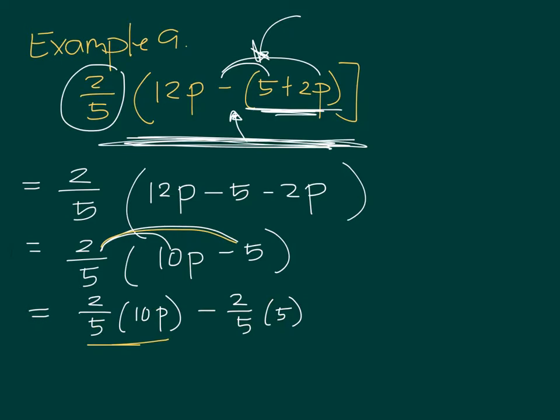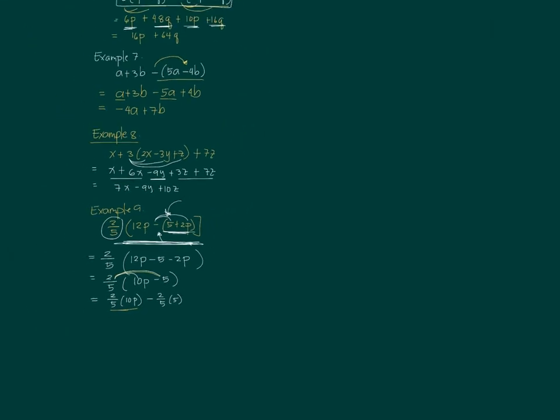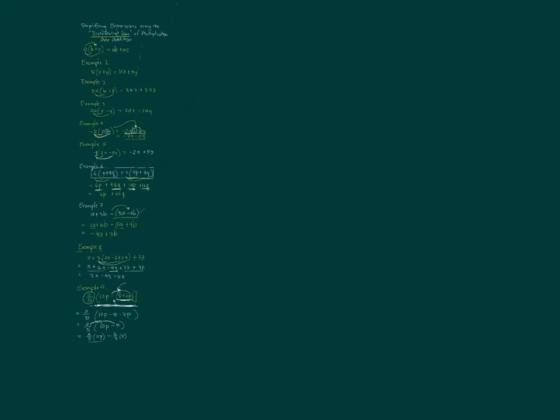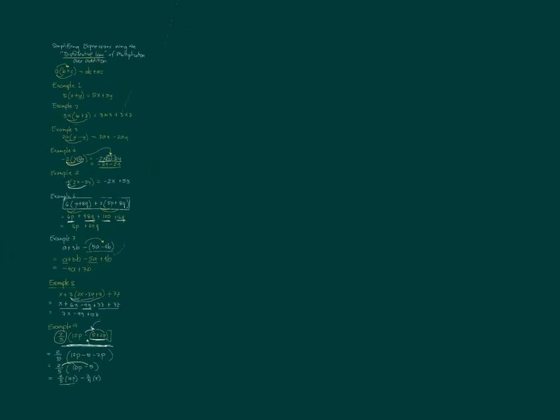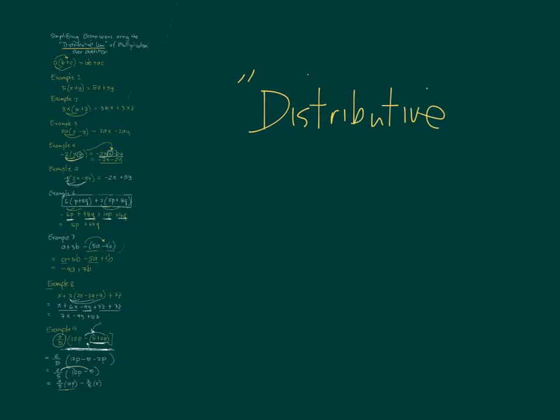Okay, so let's take a look at what we had. We have a lot of examples shown in this video, but again, the basic idea is the distributive law of multiplication over addition. Make sure that you know how to apply the distributive law, and that is whenever you have a times b plus c, it means ab plus ac.